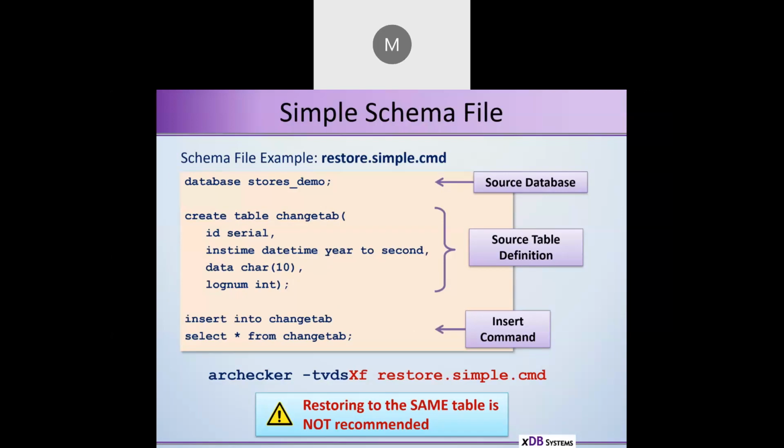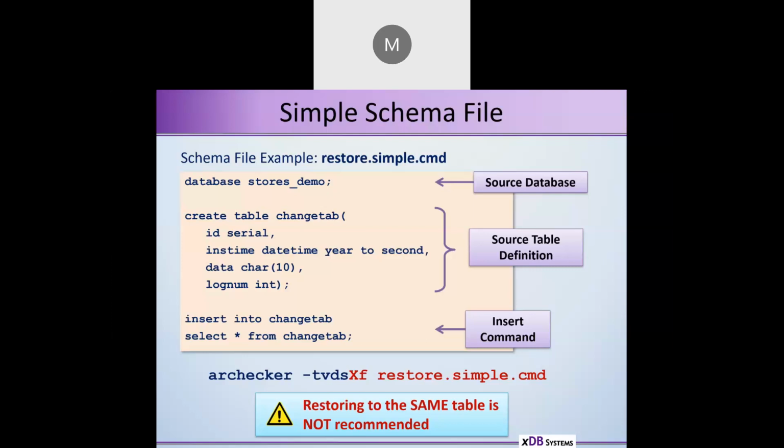It knows what the columns are, knows what the definitions are, so it can pull that data back and write it back to this table. Now, even though it says create table, that table is not created when we run the utility. In fact, in this case, because we're populating the same table, it will be created if it's been dropped. But don't get put off by the create table command.